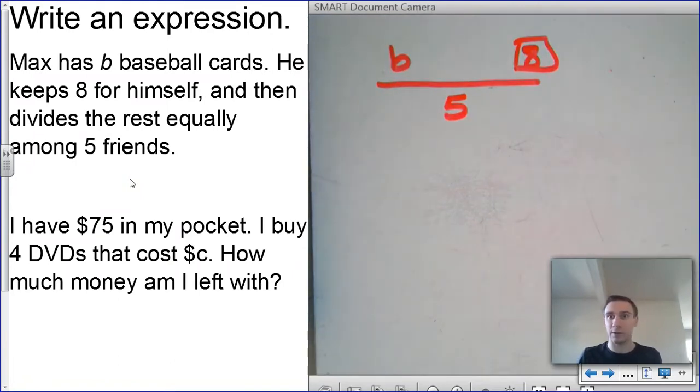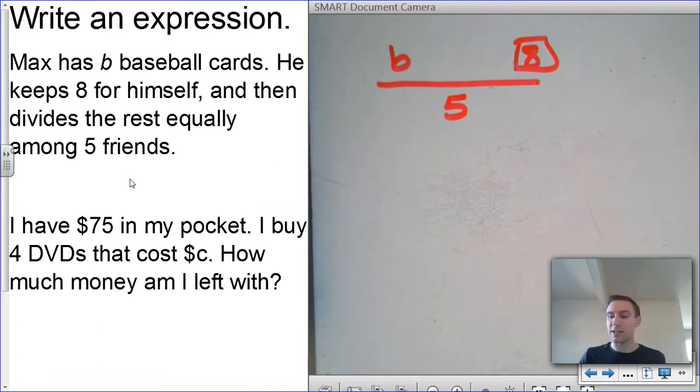Now, I'm not done yet, because obviously I don't have an operator in my numerator. The problem says Max has B baseball cards, and he keeps 8 for himself. Well, he's going to have his collection, take away 8 cards from that collection, and then divide the rest equally to 5 of his friends.